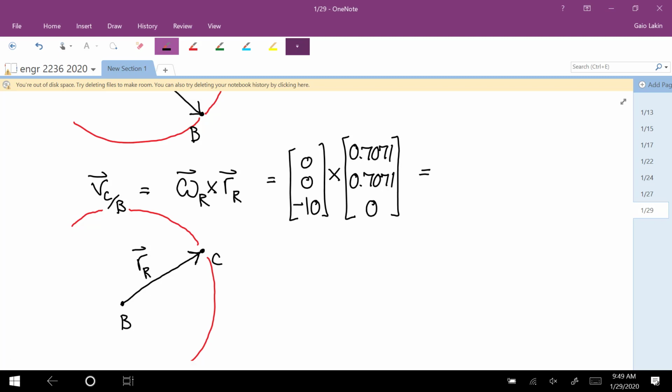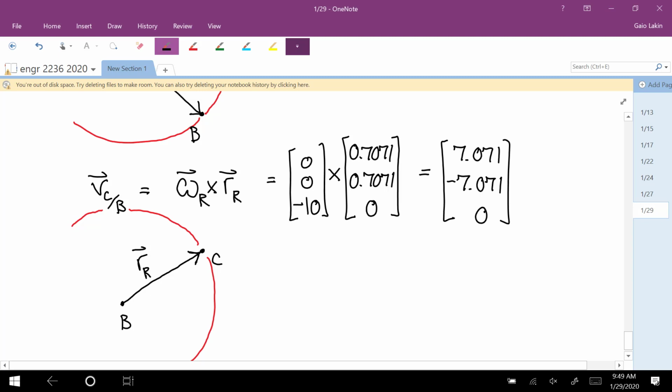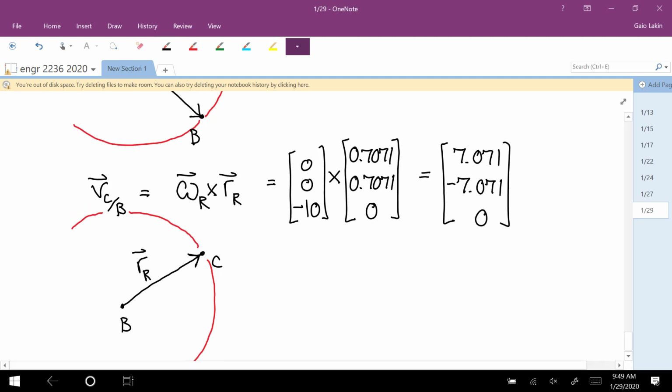And we get 7.071 for x, negative 7.071 for y, 0 for z. Yes, cosine for x and sine for y. And now we can put this together.